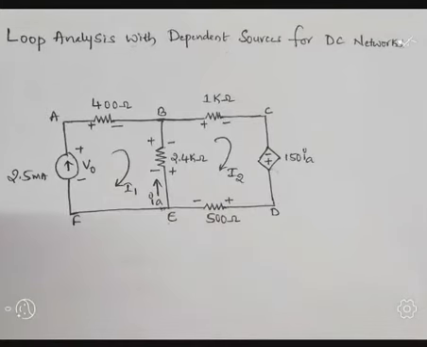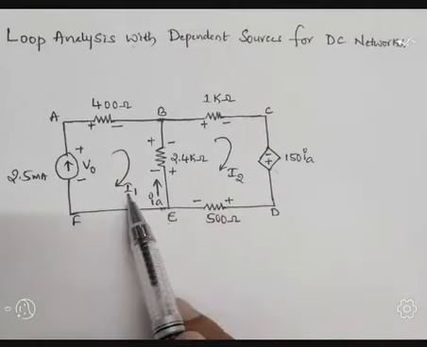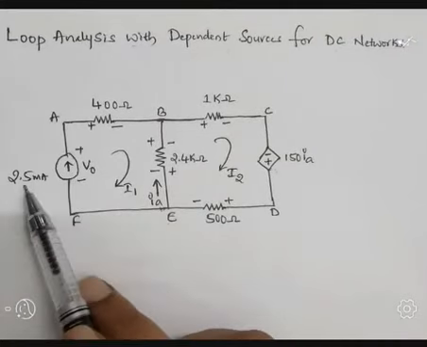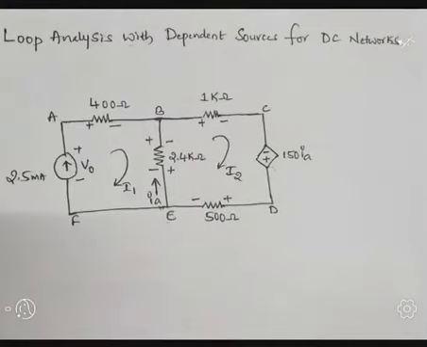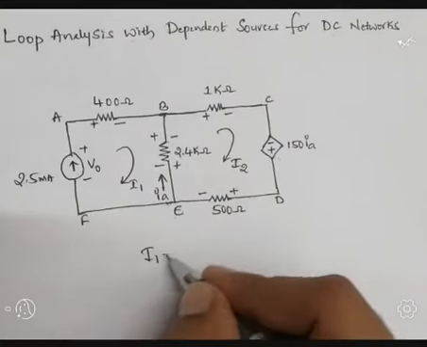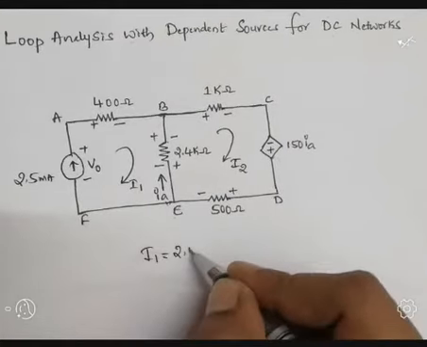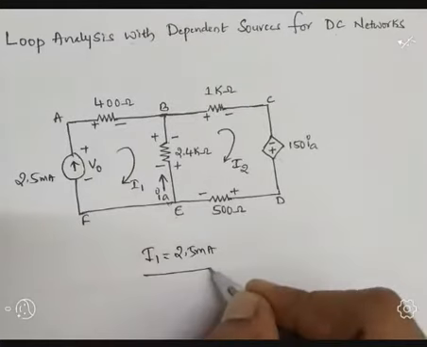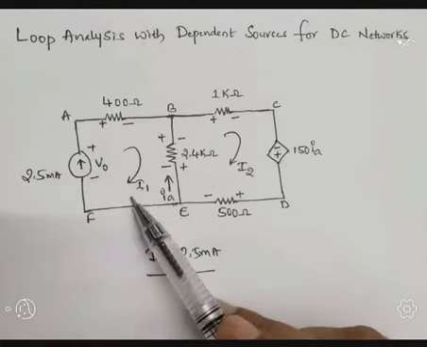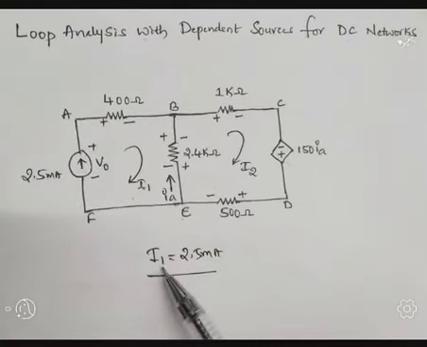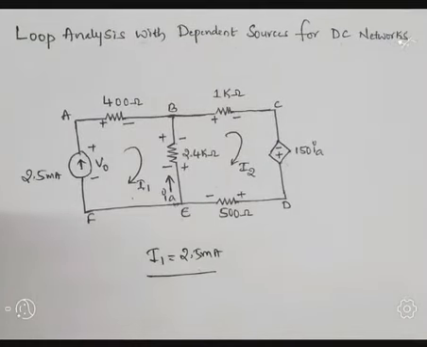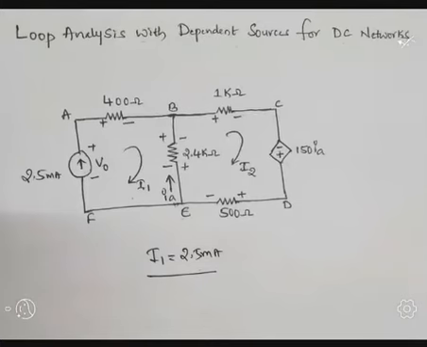From the network, we can directly write that I1 is equal to 2.5 milliamperes, because the direction of the current I1 as well as the direction of this current are the same. Milliamperes means 10 to the power minus 3 amperes. So let's see how to solve this example.